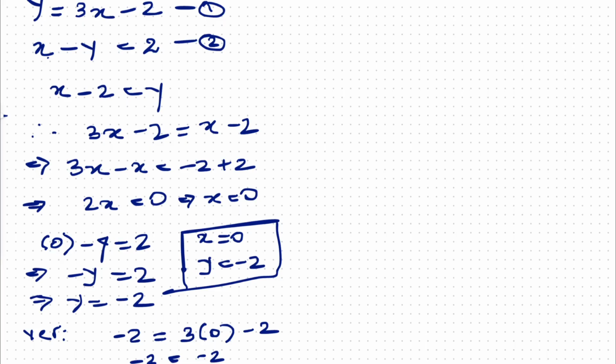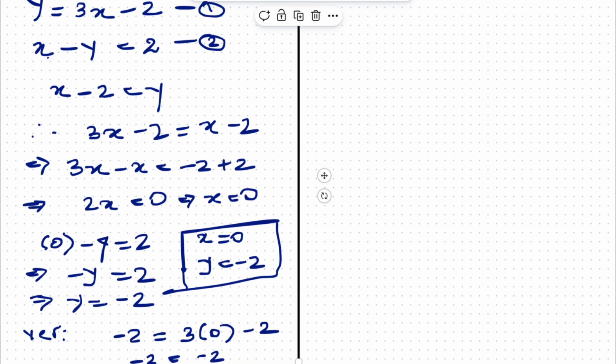Okay, now let's solve using the other method. And what I'm going to do is insert this dividing line between my calculations. We shall now use the method where we are subtracting the one equation from the other. And I'm going to rewrite the first one, which is y equals 3x minus 2, as 3x minus y equals 2.